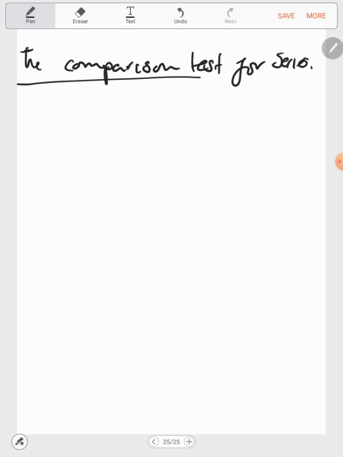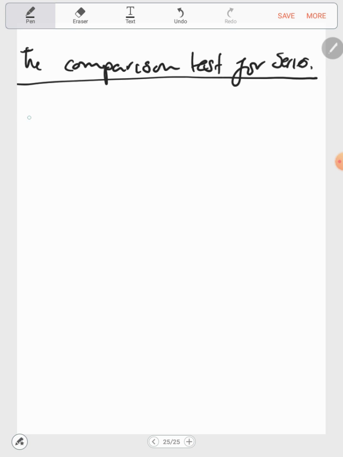Okay, so we now move to the other test, the comparison test. Actually, when you look at the comparison test and the p-test for improper integrals and series, the rules are very similar.